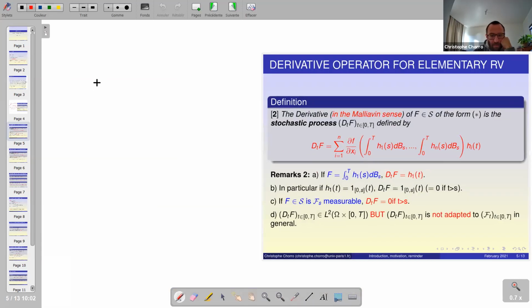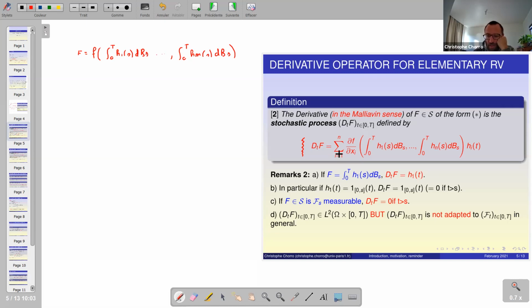I repeat that if you have f of this form, the Malliavin derivative of f at time t is given by this expression.